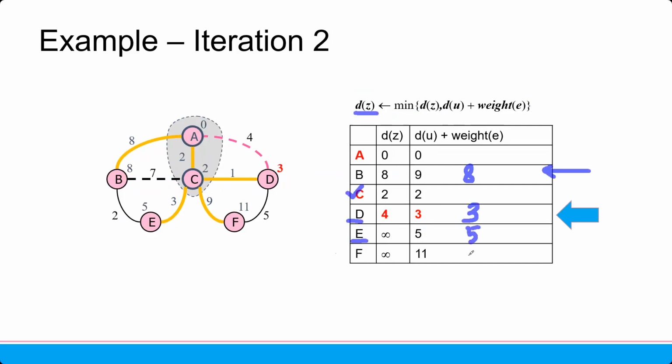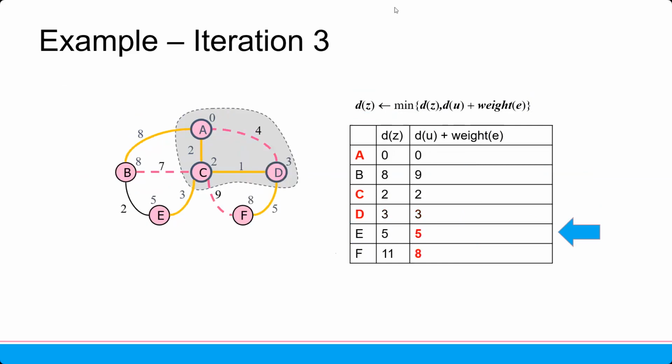What is the minimum of F? It is 11. Then we choose the most minimum, which is D. So we choose the next point is D. Then we have the shortest path from A to C is 2. The shortest path from A to D is 3.